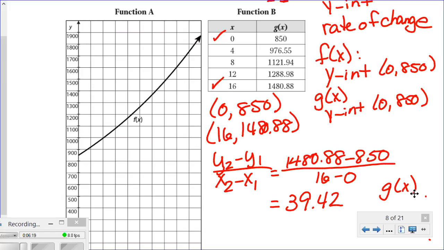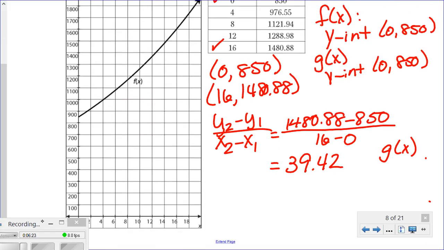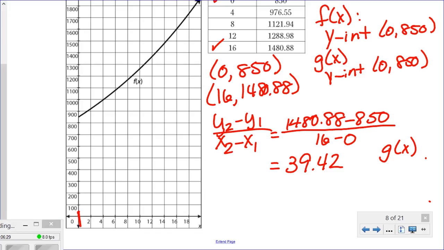Now I need to actually come over to my graph for f of x, and I have to find the interval between when x is 0 and when x is 16. And we already said that our y-intercept was (0, 850).